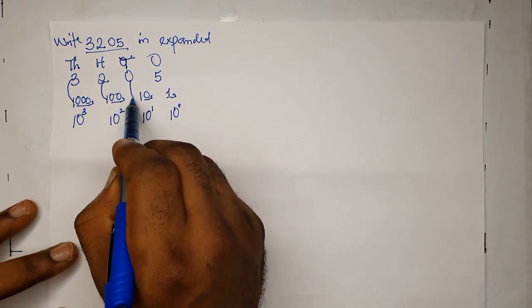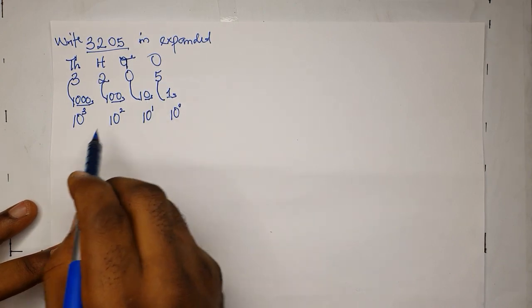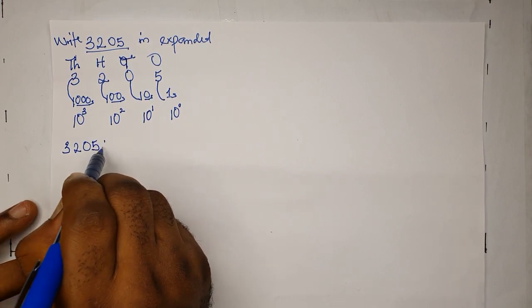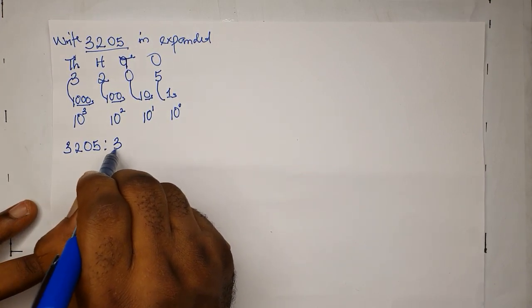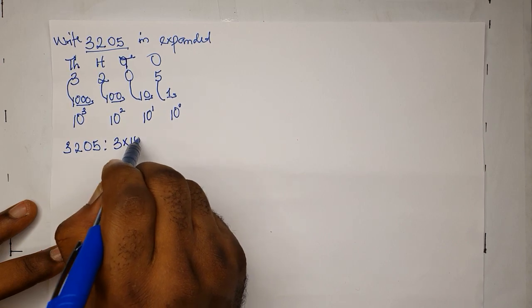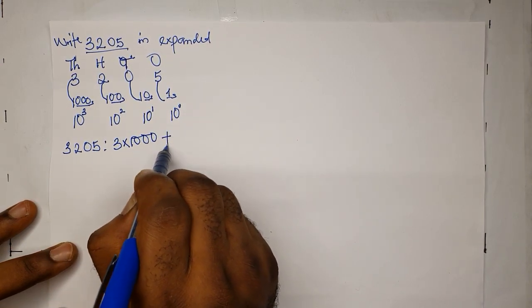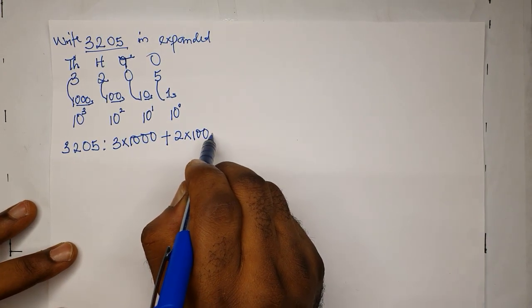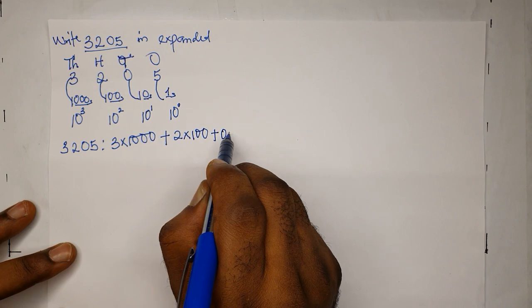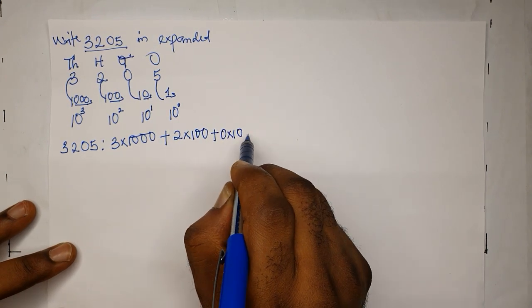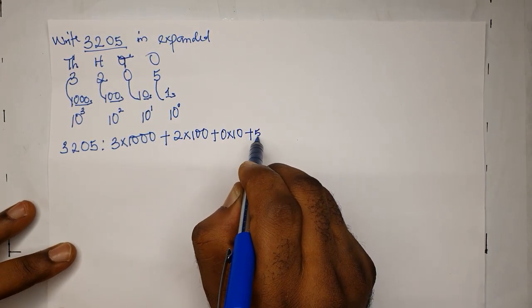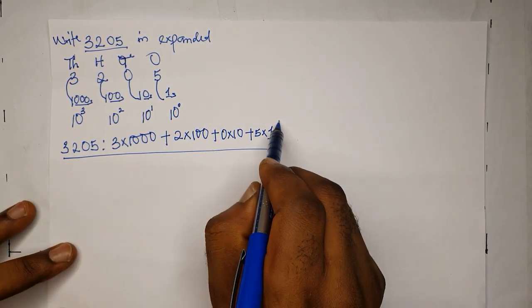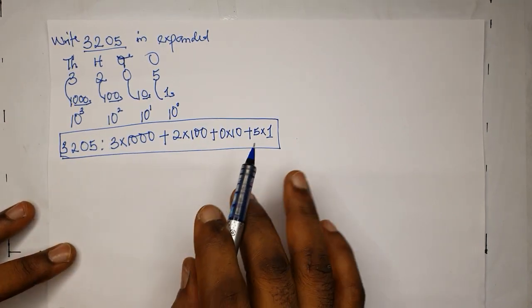You can go like this. 3205 in expanded form will now be the same thing as 3 times 1000, add 2 times 100, add 0 tens, or you can say 0 times 10, and add 5 ones, or 5 times 1. This is one way of writing it in expanded form. This will be a very correct answer.